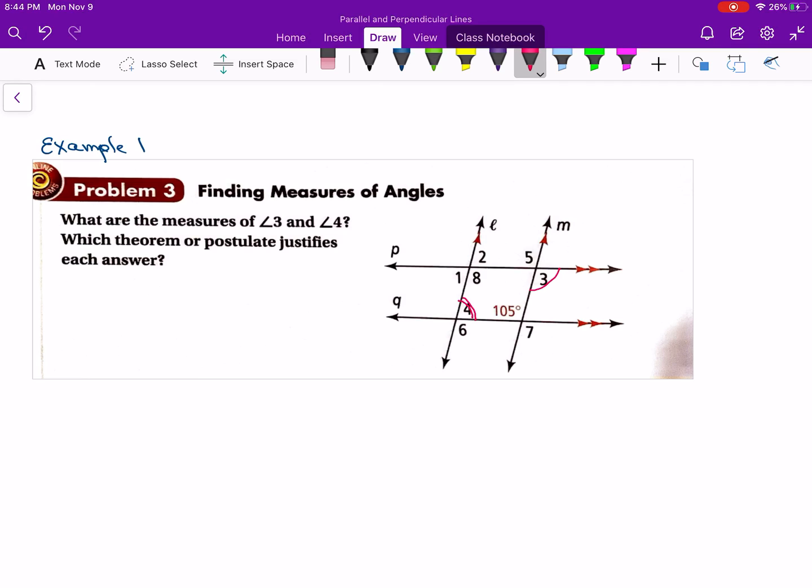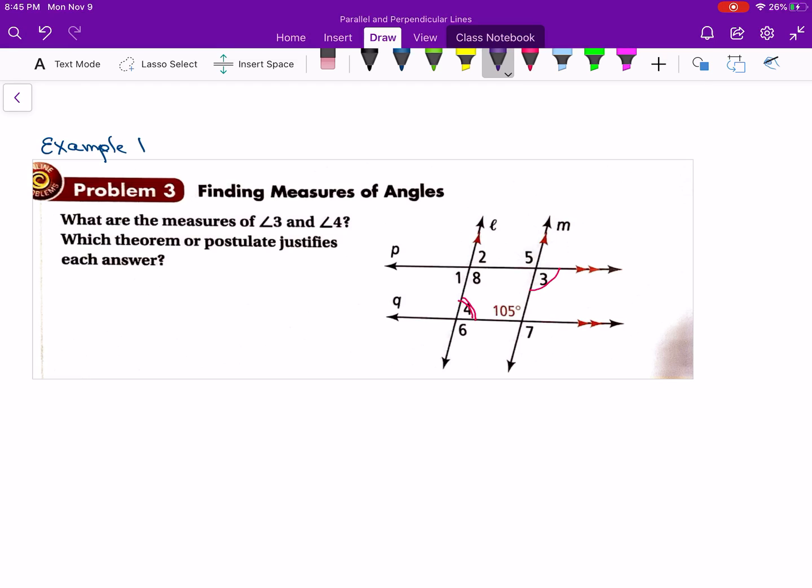What we do know is we have a 105-degree angle. And so we can just kind of work our way around the picture and find any angles we need to find or can find until we can get to angle 3 and angle 4.